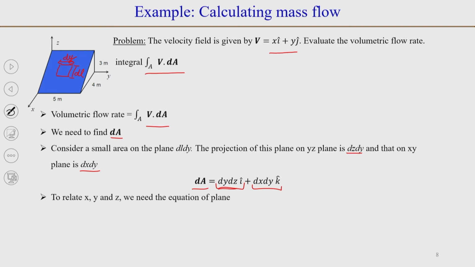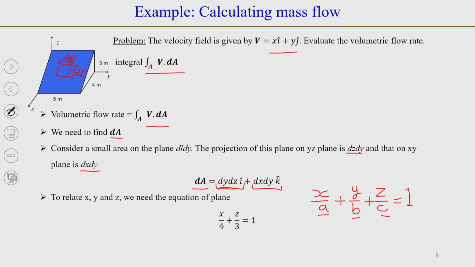If the intercepts are a, b and c, we can write the equation of the plane as x by a plus y by b plus z by c is equal to 1, where a, b and c are the intercepts on the x, y and z axis respectively.